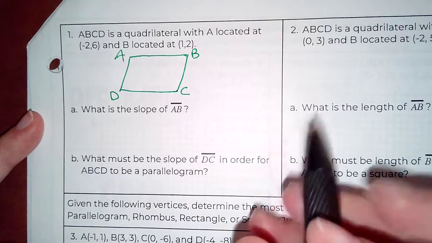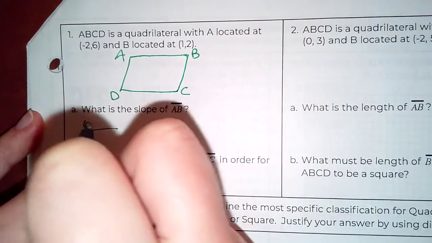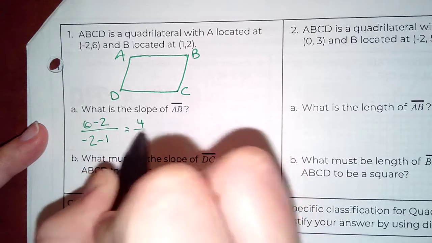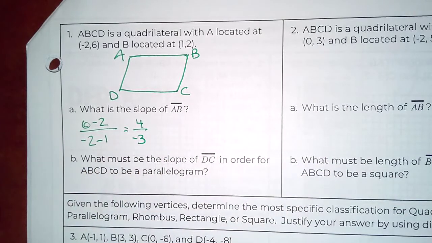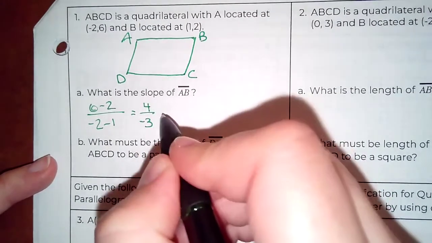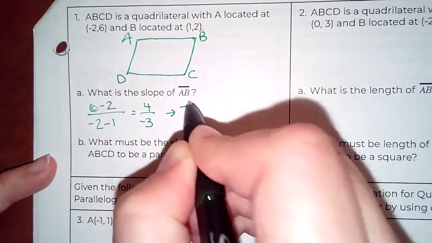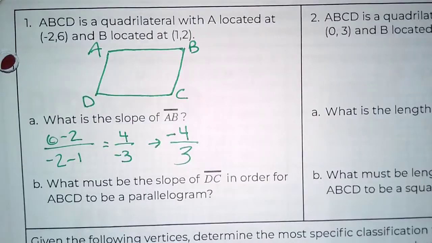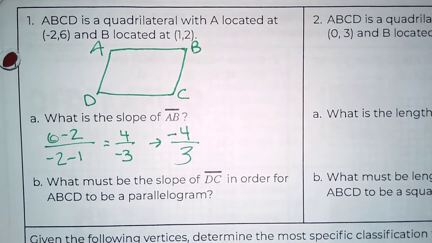So we're doing the same thing again. So I'll go 6 minus 2 on the top, -2 minus 1, so 4 over -3, which I can simplify to -4 over 3. So just bringing the negative sign to the top. So that was AB. What must the slope of DC be in order for it to be a parallelogram? -4/3.